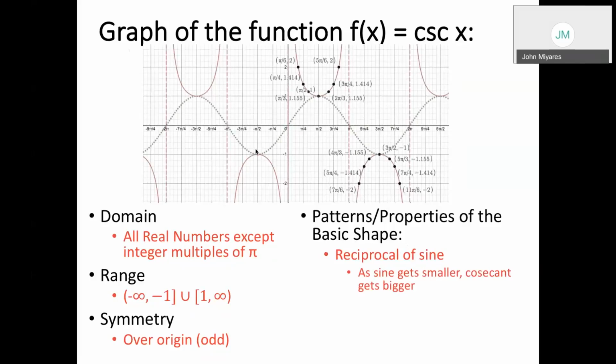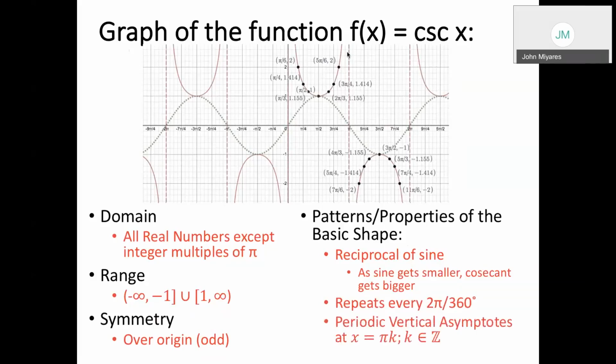As the sine function values get smaller, the cosecant values get bigger. When sine equals 0, the cosecant becomes undefined. The pattern will repeat itself every 360 degrees or every 2 pi radians, just like with sine and secant. And the periodic asymptotes this time are going to be at integer multiples of pi, just like the cotangent.